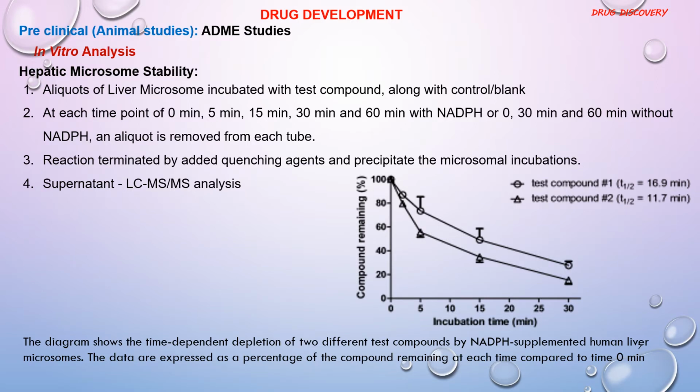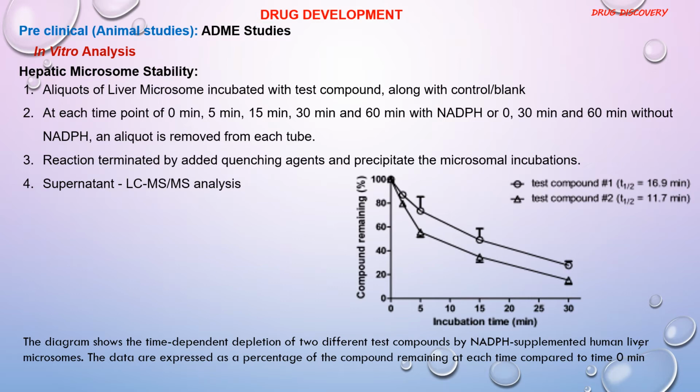Hepatic microsome stability study procedure. Liver microsomes are isolated from animal models or humans. Aliquots of liver microsomes are inoculated with test compounds along with the control. NADH is used as a cofactor for the reaction.